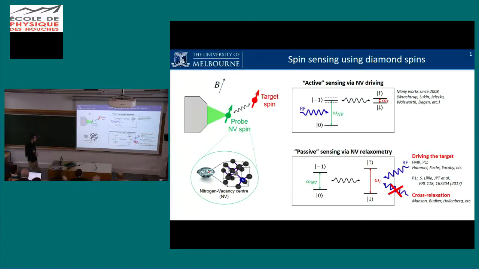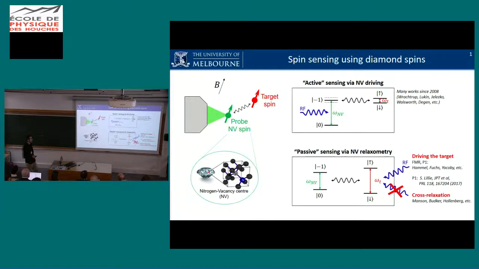So that's the mainstream, and the other approach that's been quite actively developed in the past few years is a sort of passive sensing, where you just monitor the evolution of the spin state of the NV center without actively driving it. So that's a kind of relaxometry detection technique.